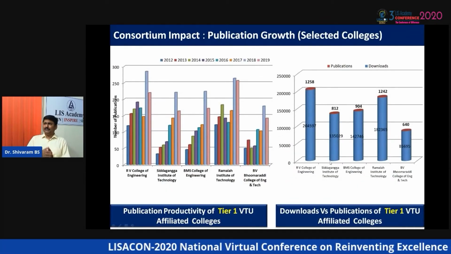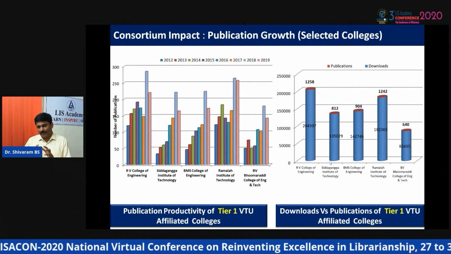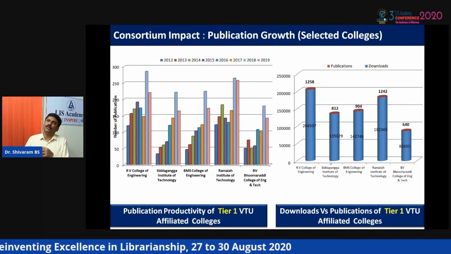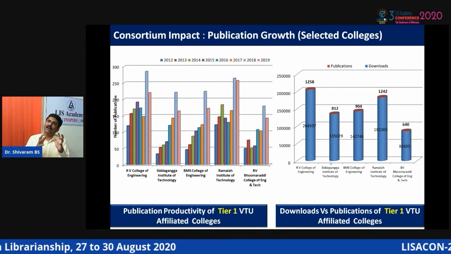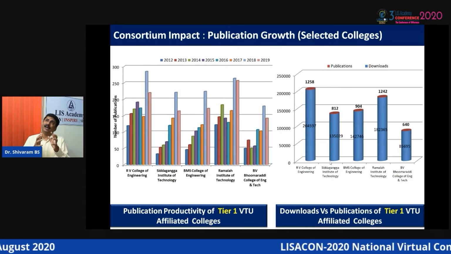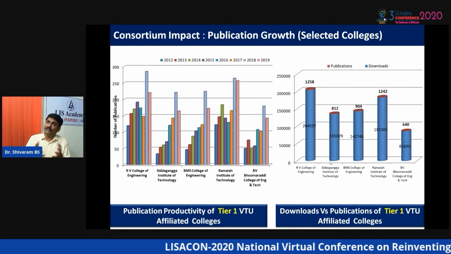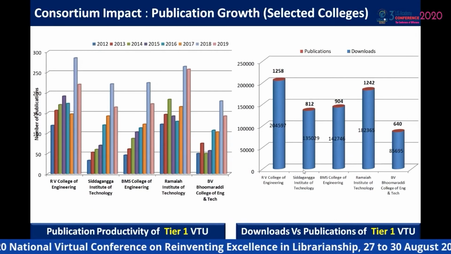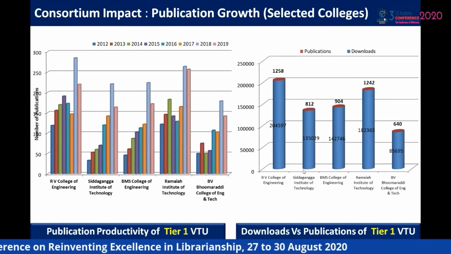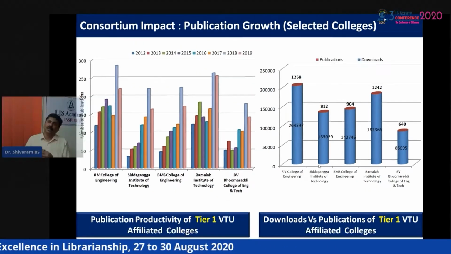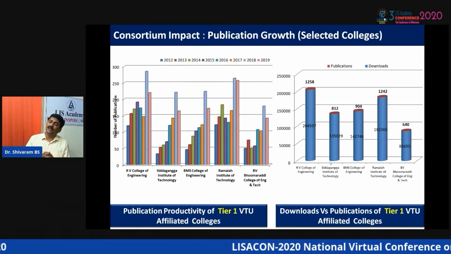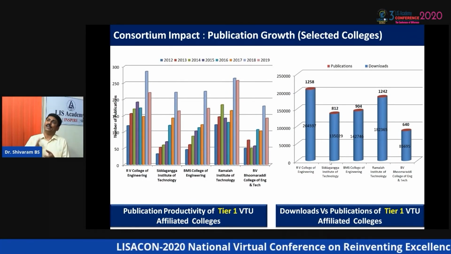We divided these VTU engineering colleges into three categories. One is the tier 1 category, where they are resource rich, have the highest student enrollment and very good infrastructure, and are quite old colleges like MS Ramaiah Institute of Technology, RV College of Engineering, BMS College. These are quite old and they are listed in the NIRF ranking also.